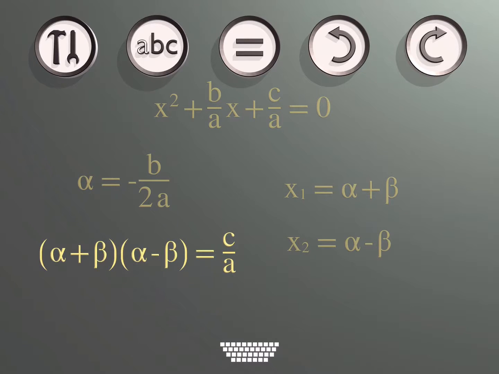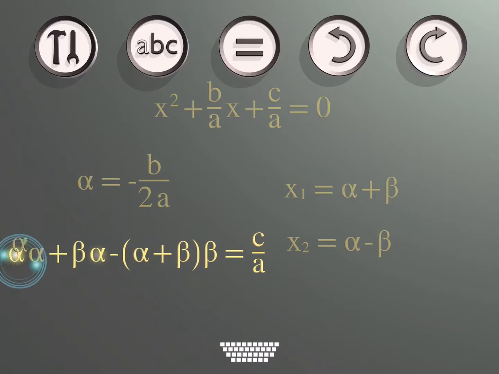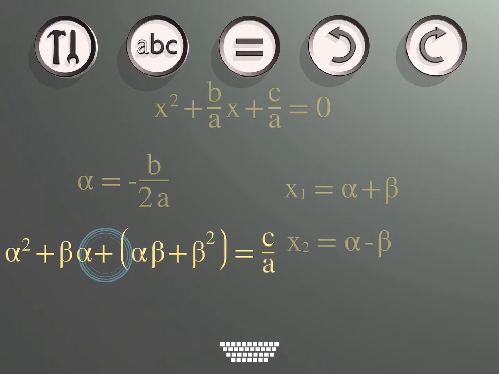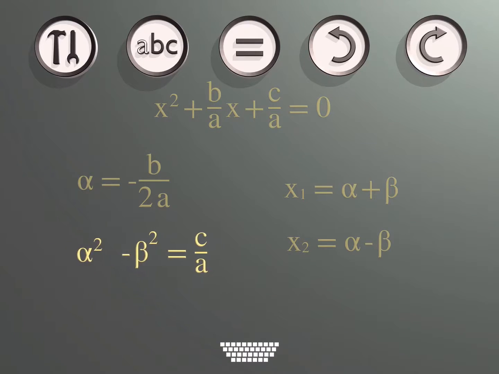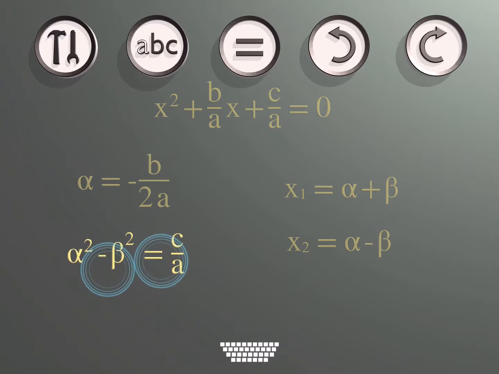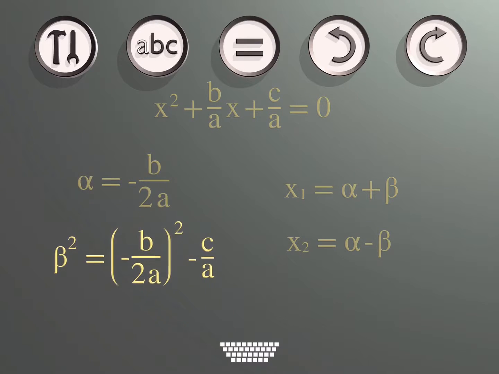Combine these two factors. We get an alpha squared, a beta squared over here. And now notice these two terms in the middle end up canceling out. So much cleaner now. We can go through and solve for beta. Now we've got beta squared in terms of alpha. We know what alpha is, so let's just substitute that in.